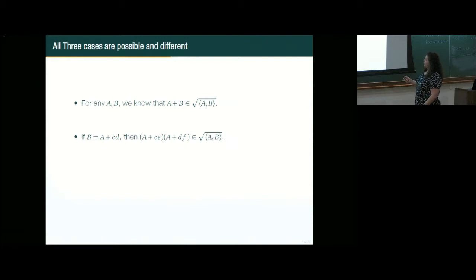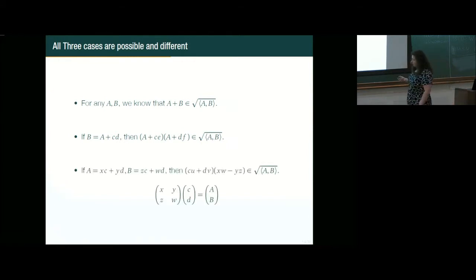When A vanishes and B vanishes, it means that A vanishes and C vanishes, or A and D vanish. So if A and C vanish, this is 0. And if A and D vanish, this is 0. So this product is in the radical, but none of them is in the linear span of A and B. So this is a different case than the first one.